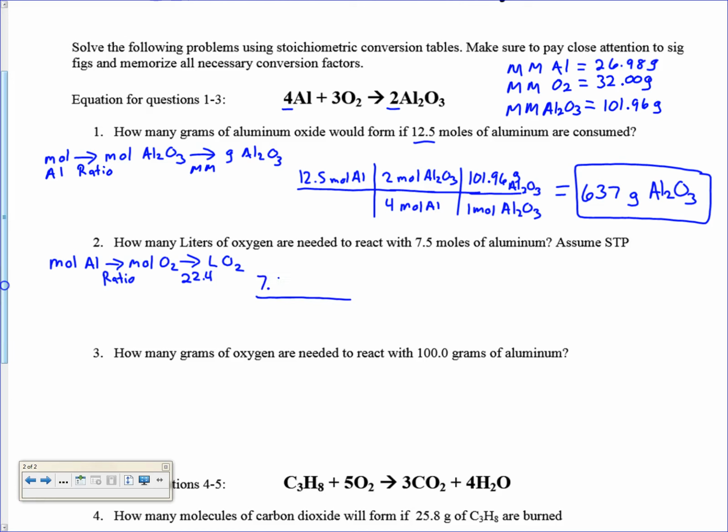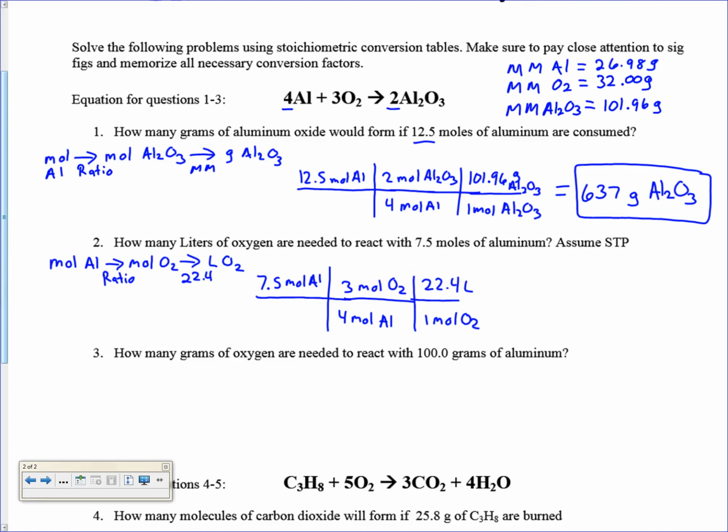7.5 moles of Al. Looking at the balanced chemical equation, we see 4 moles Al, 3 moles O2. All right. And then for every 1 mole of O2 we have, it is 22.4 liters.